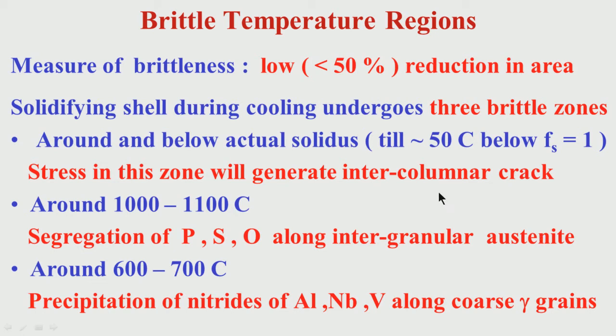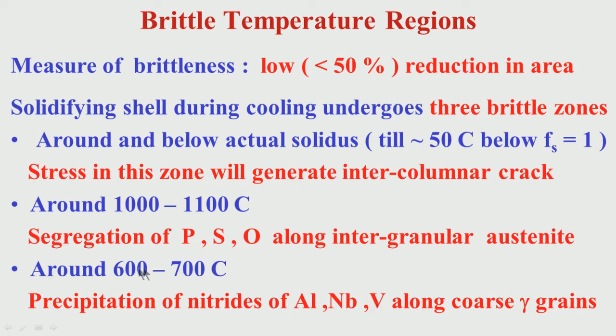Now, as we are still coming down to low temperature, during cooling, because of secondary cooling, the surface temperature and the interior temperature are also coming down slowly. So, we have to avoid another temperature region, 600 to 700, because at those temperatures the nitrides are going to form along the coarse austenite grains. So, we do not allow them to form.